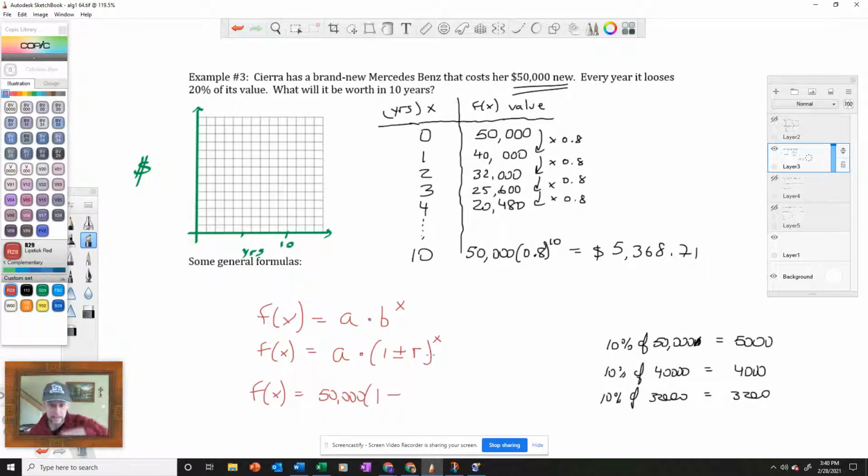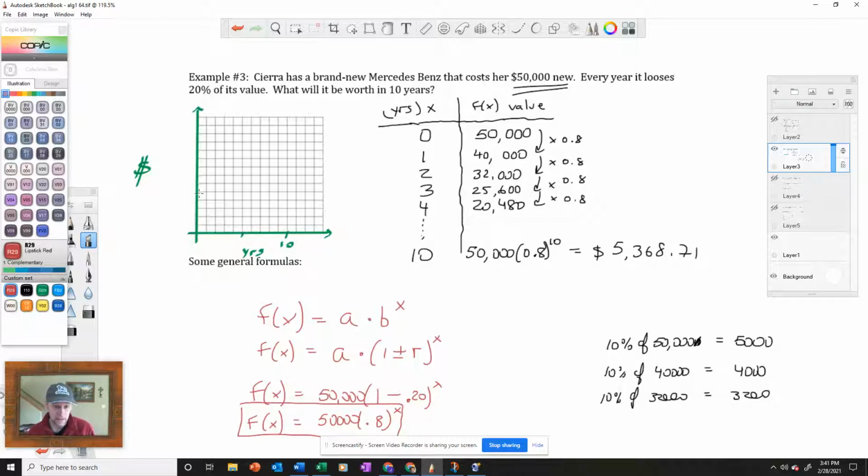Minus, because it's decaying, r is your percent as a decimal, which is going to be 0.20 to the x. So if I were to combine this together now, 50,000, what is 1 minus 0.2? 0.8. And therefore your equation is y equals 50,000 times 0.8 to the x.